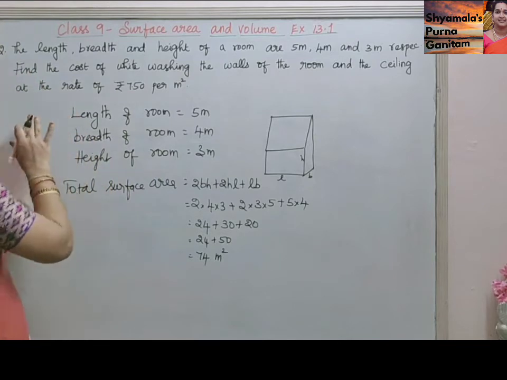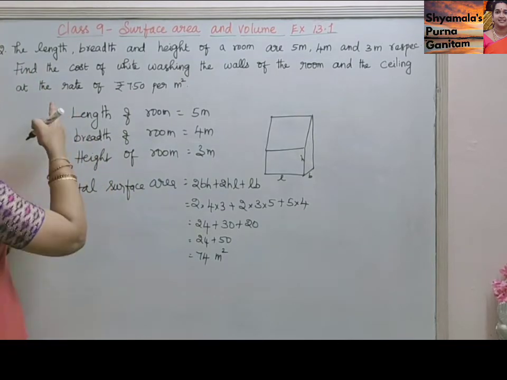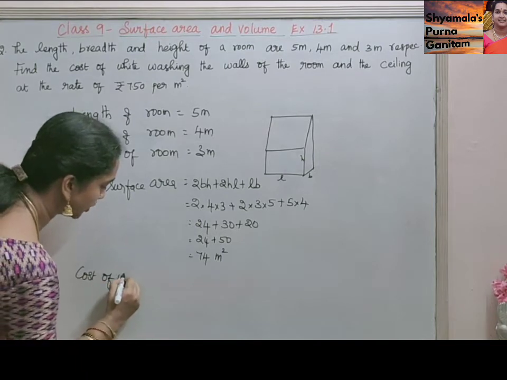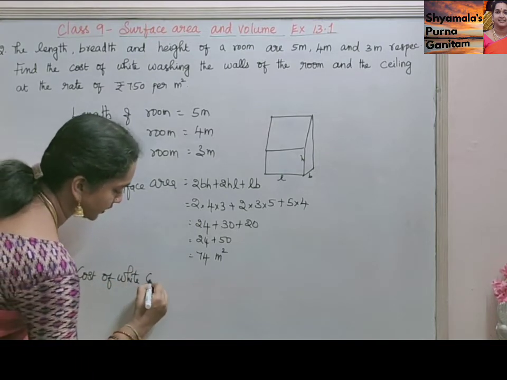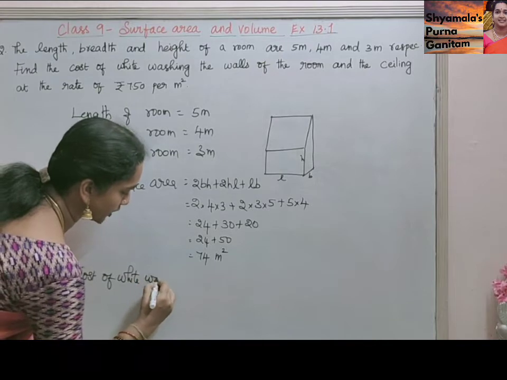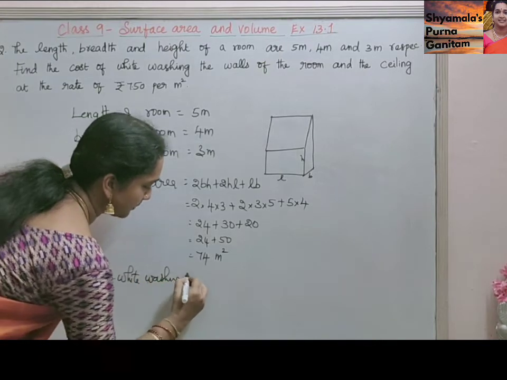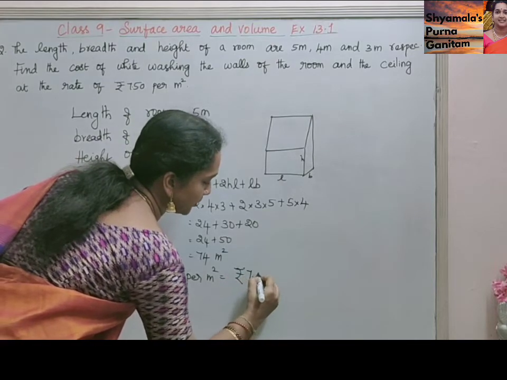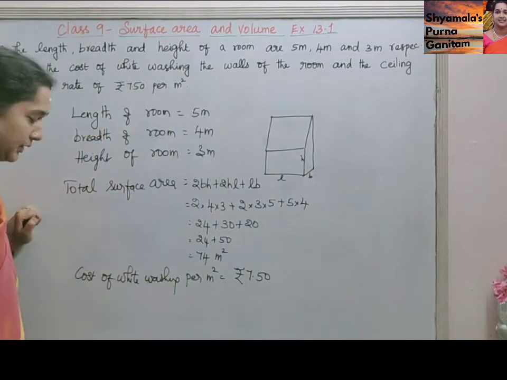Then we are asked to find the cost. So cost of whitewashing per meter square is equal to rupees 7.50, that is 7 rupees 50 paise.